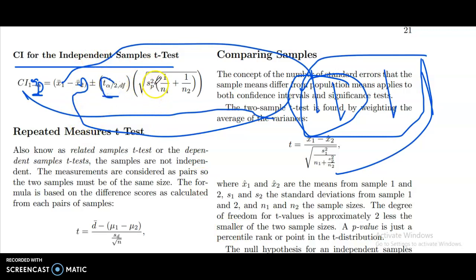Then s square p, the pooled variance, times 1 by n1 plus 1 by n2, add them, then take the square root and multiply it here. Why square rooting?